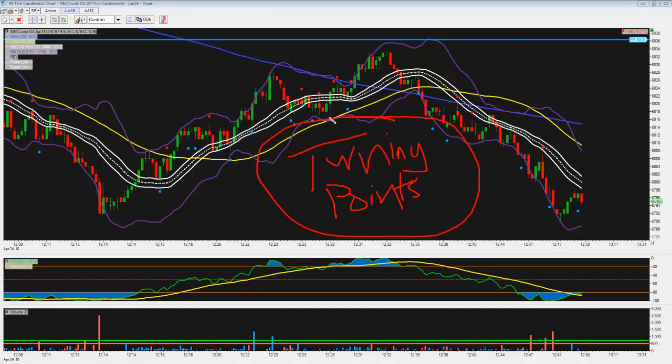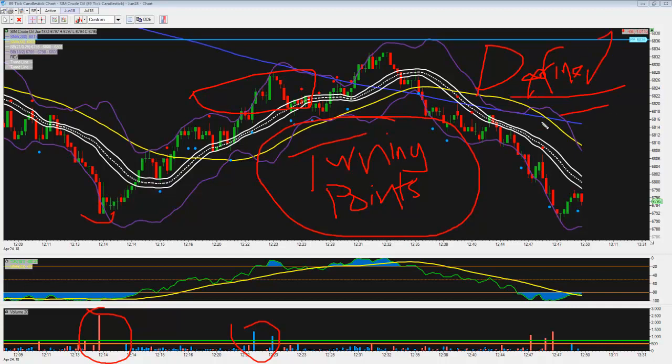Some turning points are easier to see than others. With that being said, what defines a turning point, and why does it turn, and really, does it matter?